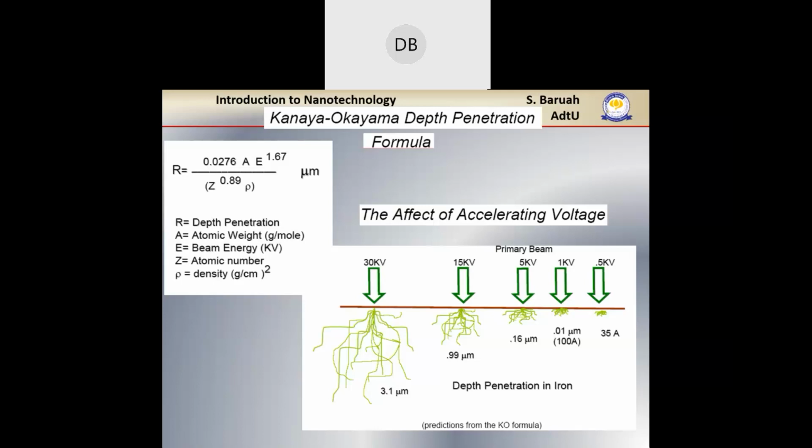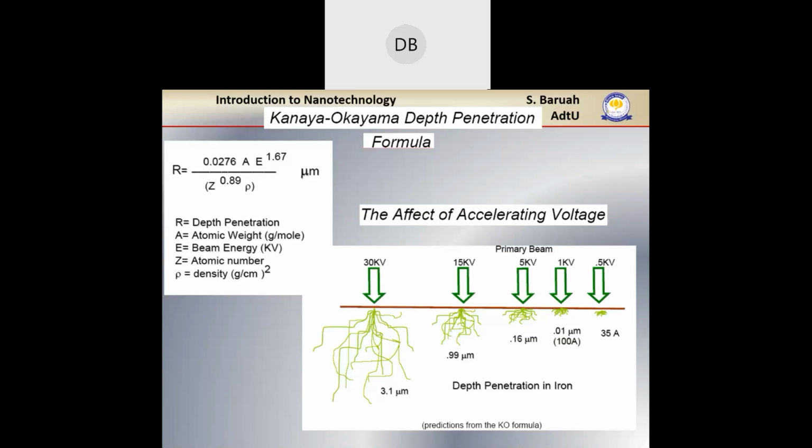That means based on the intensity of the signals, or the electrons coming out, we try to understand from where these electrons are emitted. Now you see here, I'll just show you. Suppose this is an electron beam coming and striking a substrate, the surface of a sample you want to look at.